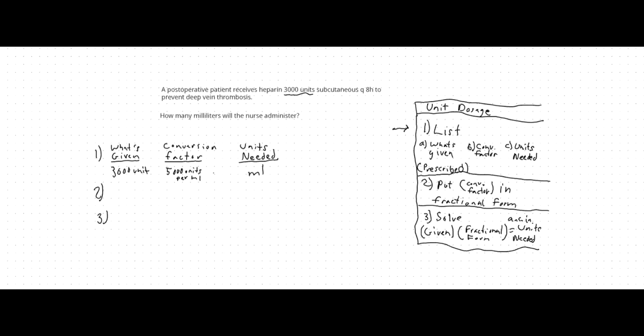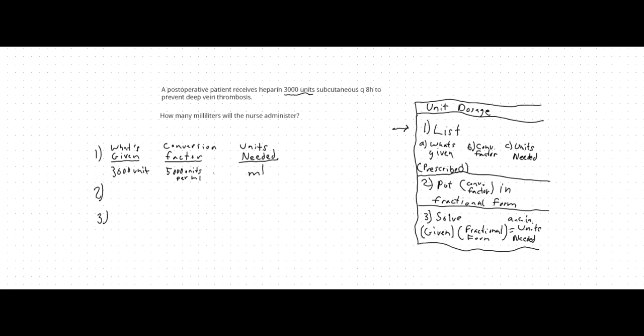Now let's go to step two. We have to put the conversion factor in fractional form. What does that mean? This is an equivalence that they give you on the bottle: 5,000 units per milliliter. We have to put it in fractional form, and we have two choices.